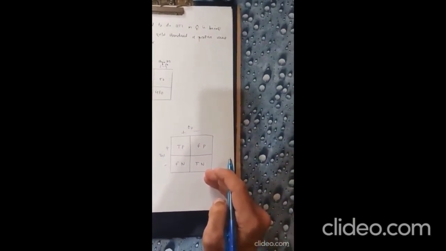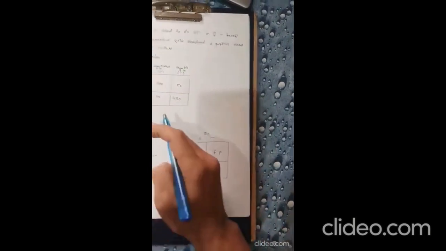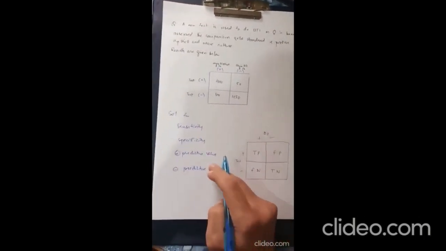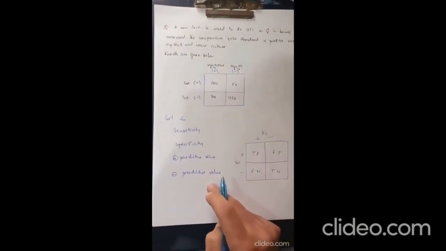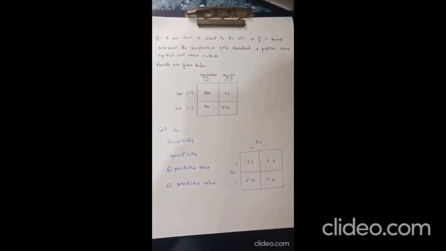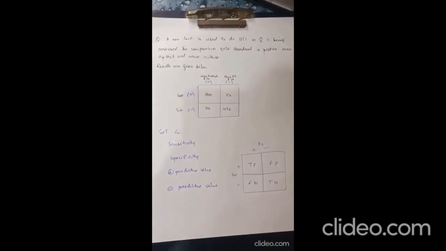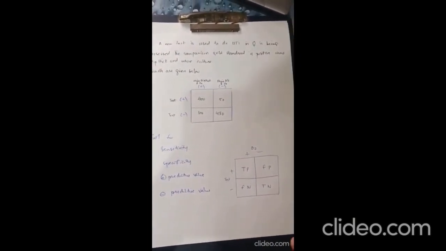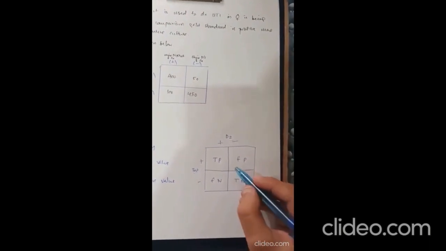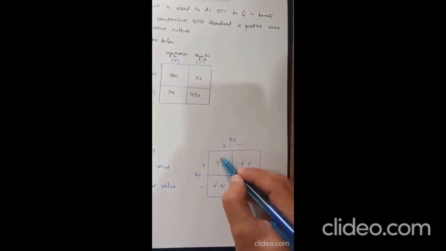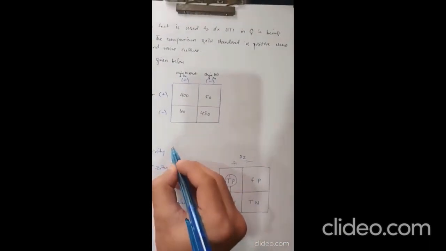Now in order to understand how to derive sensitivity, specificity, positive predictive value and negative predictive value, I'm going to give you a visual clue. If you remember this visual clue, you will never do these equations wrong. To calculate sensitivity, you will go from here down there and write truths on the top.